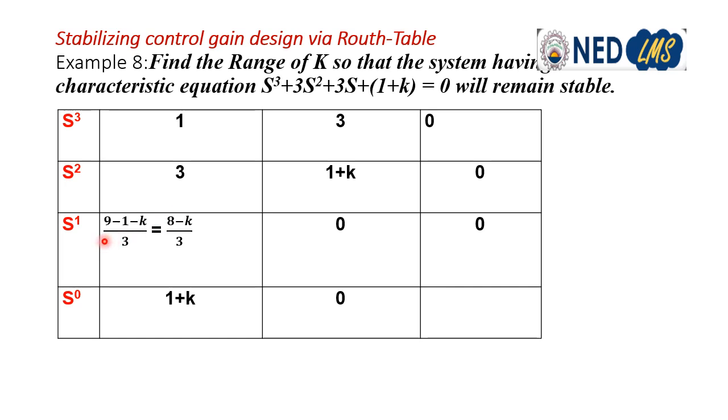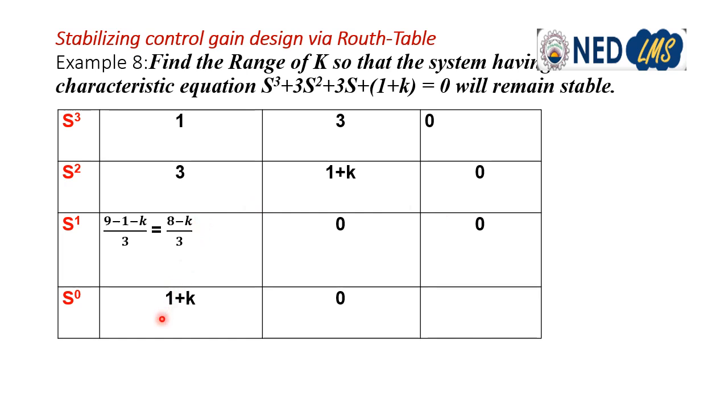So it will become 9 minus 1 minus k upon 3, that is equal to 8 minus k upon 3, and as there are two zeros over here, we'll have a 0 here. 3 multiplied by 0 minus 0 multiplied by 1 upon 3 is equal to 0, and there is no column here, so here we have a 0.